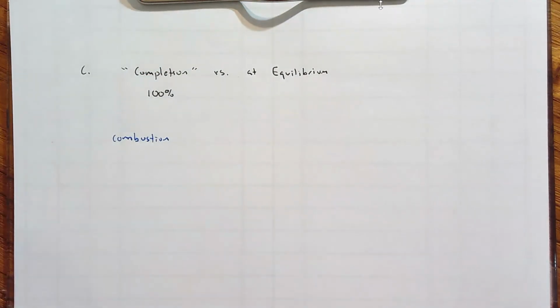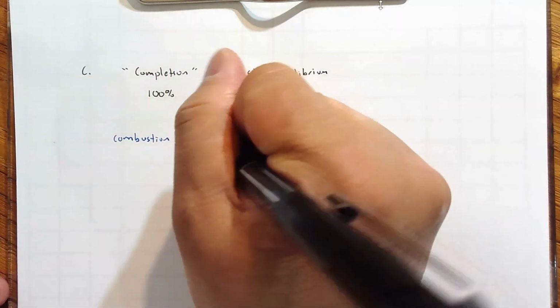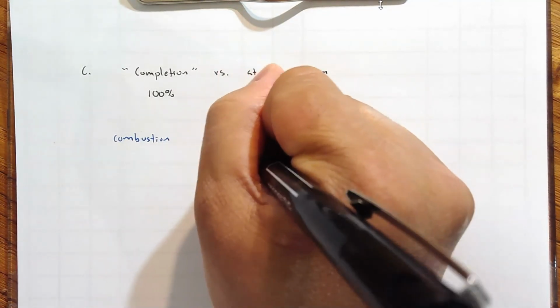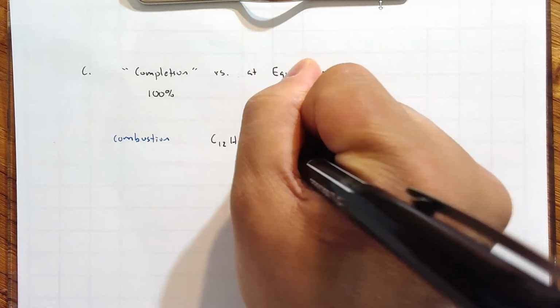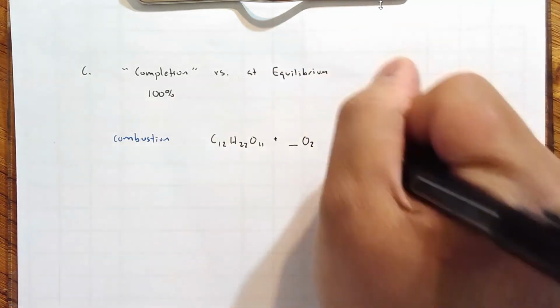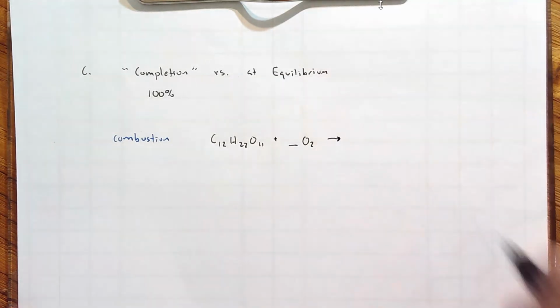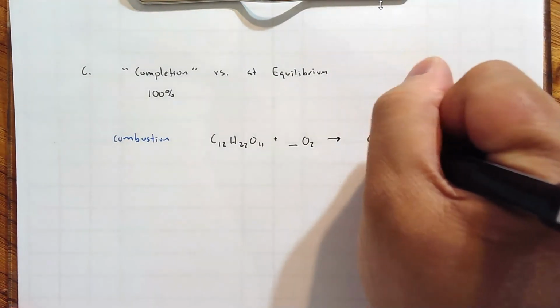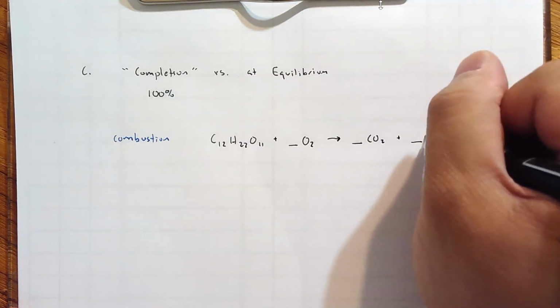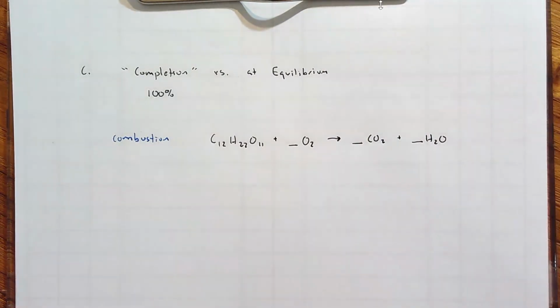So for instance, if I have sucrose, C12H22O11 plus O2, leave a space. I'll use a regular arrow, CO2, leave a space, you're going to balance this, plus H2O. Can you balance this reaction?